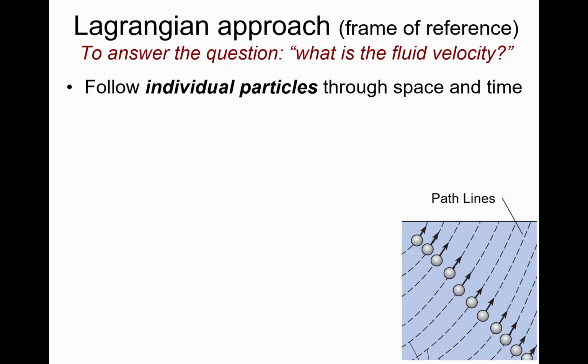And so to answer questions like that, one of the numerical methods that we use is called the Lagrangian approach. And for that, it's pretty computationally intensive, because what we're attempting to do is track individual particles as they travel through space and time.